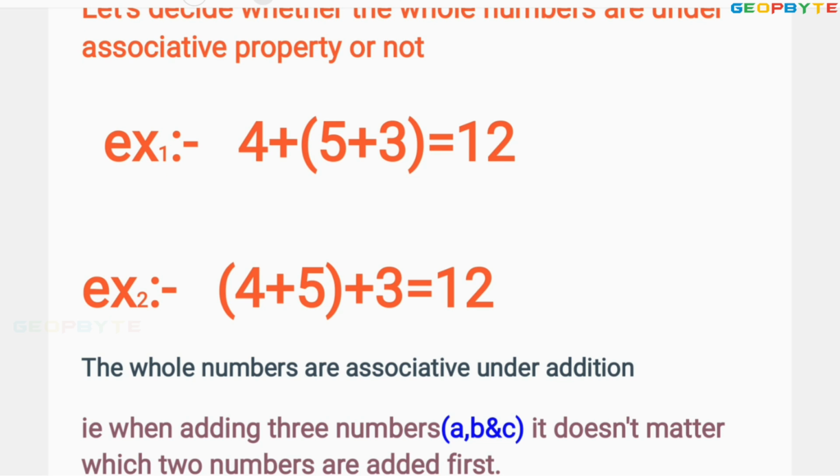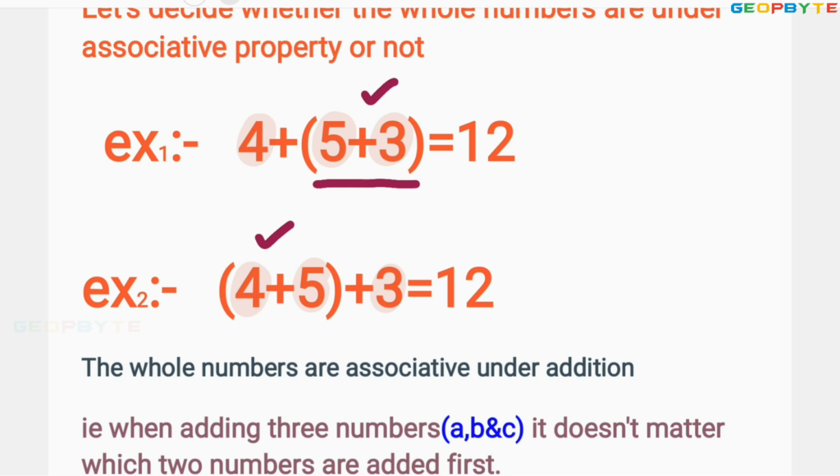For example 1 and example 2, I have taken 4, 5, 3 for addition. 4 plus 5 plus 3. For the second case also 4 plus 5 plus 3. But the difference between the two examples is I took the bracket for 5 and 3 in the first example, and in the second example I took the bracket for 4 and 5.